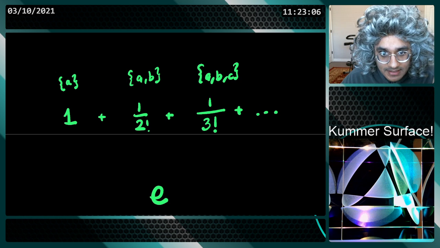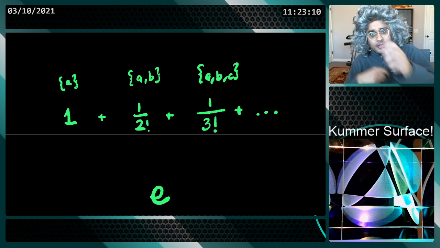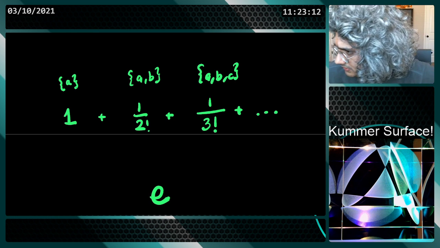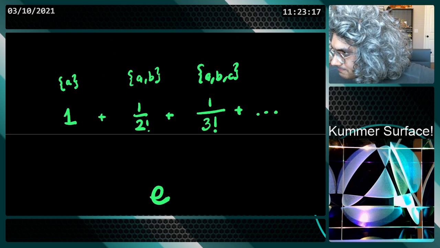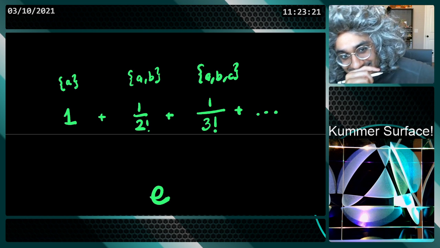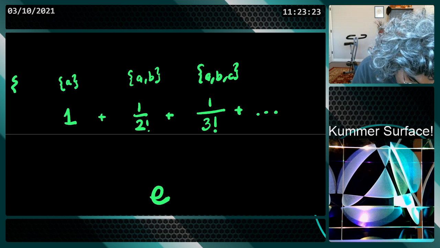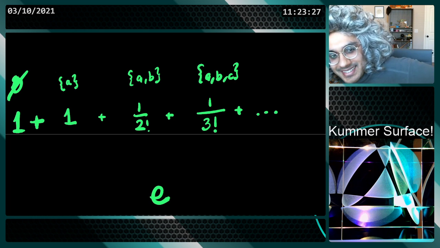So there's E, total finite sets counted, accounting for re-scrambling of everything. Totally makes sense. Sure, the empty set, yes. Oh, the empty set, I forgot the empty set. 1. Yes, correct. Good.